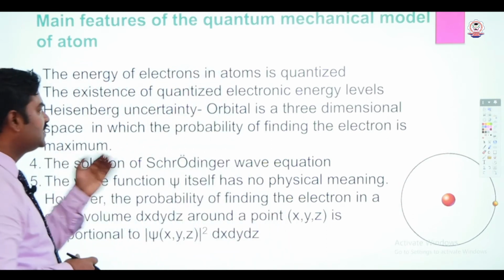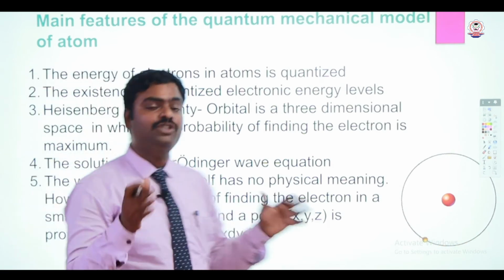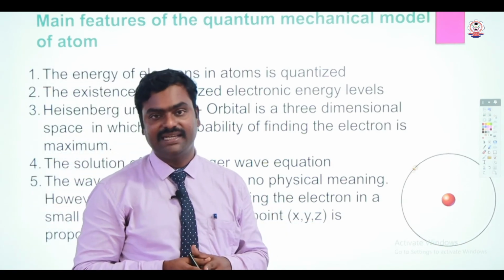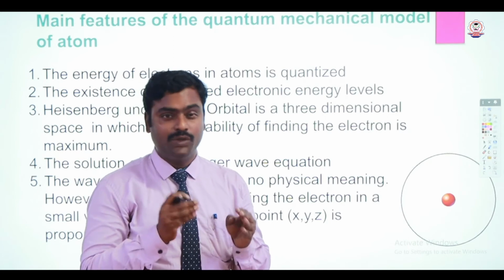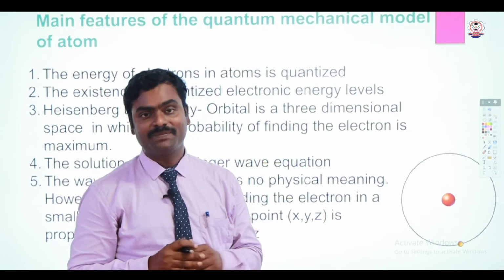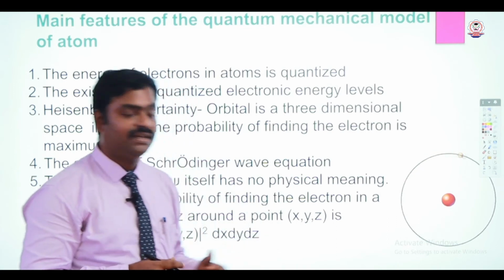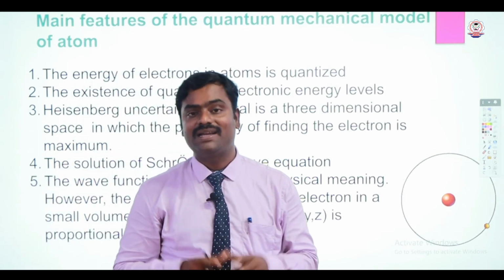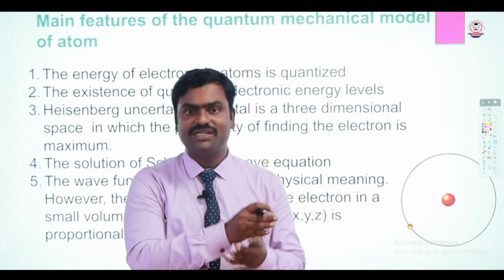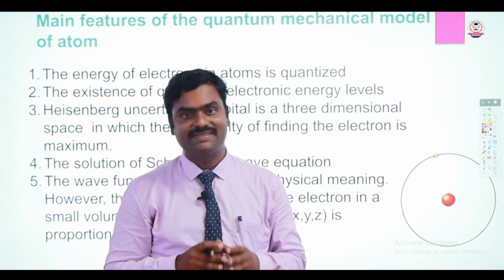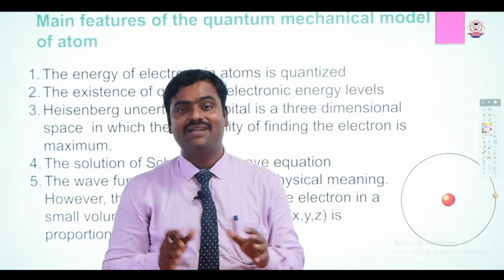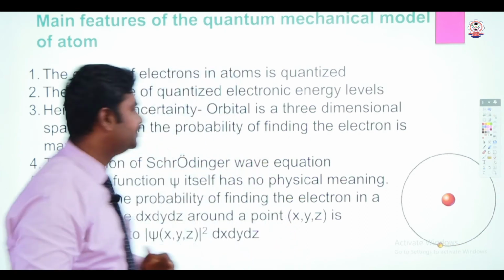Next, Heisenberg uncertainty. According to the Heisenberg uncertainty principle, it is difficult to accurately calculate the position as well as the momentum simultaneously. So here they are adding another concept called the orbital. They are introducing the new term orbital, that is the place where the electrons are residing.